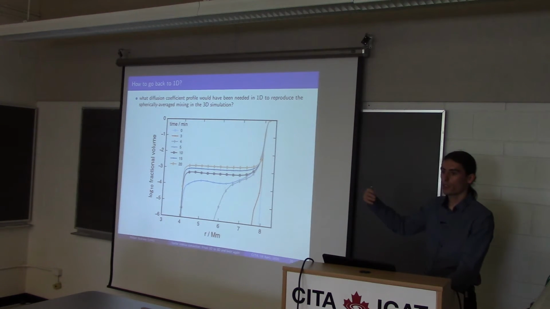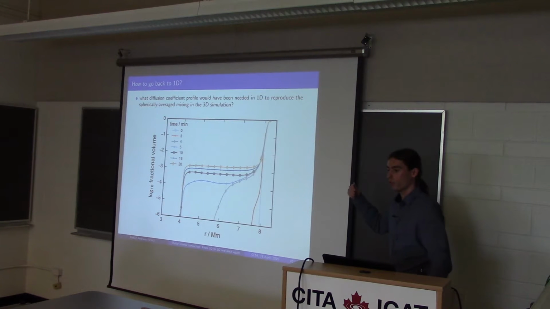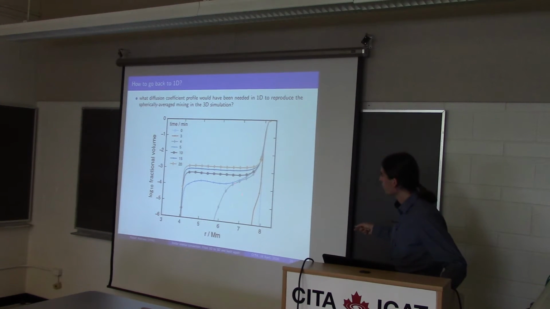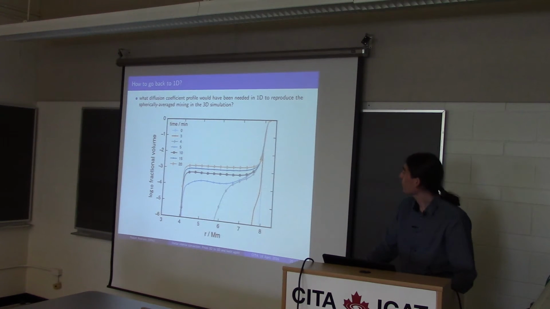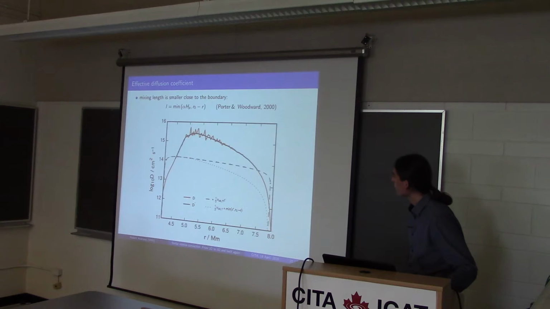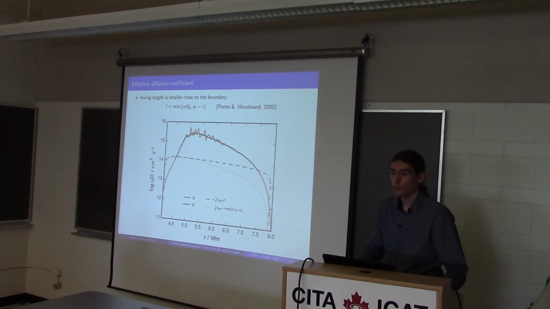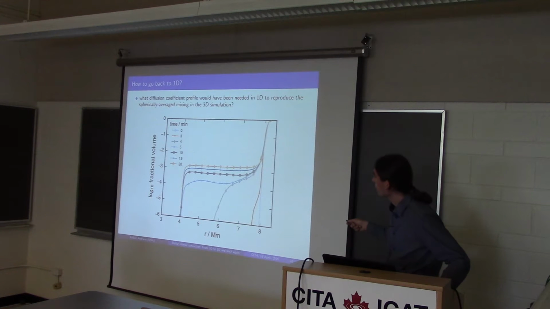So you can ask the question, what diffusion coefficient would be needed in the diffusion equation in order to produce this 1D behavior? You can calculate it easily, or relatively easily, and you get a profile like this. So this is the log of the diffusion coefficient, and you get this noisy curve here. Noisy because diffusion smooths everything out. And these profiles are flat here. So this is a poorly defined problem.